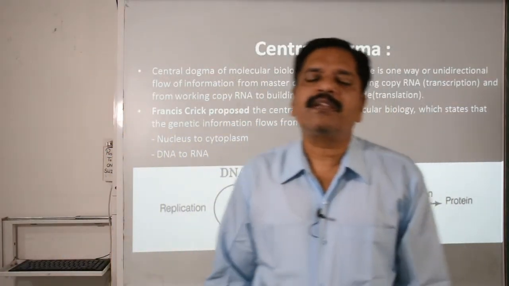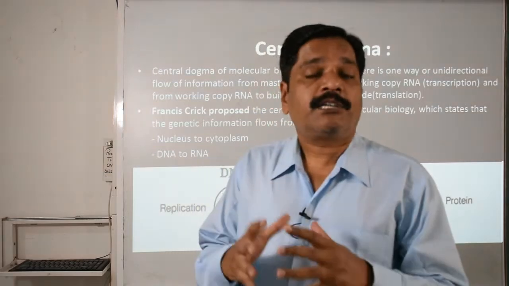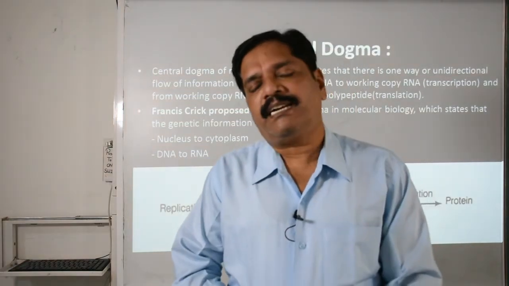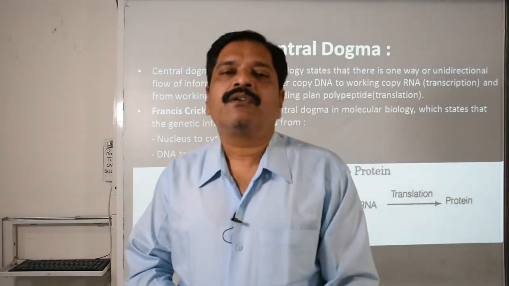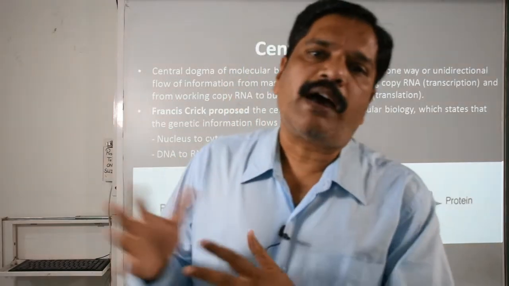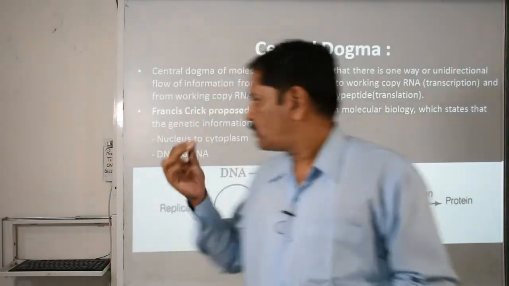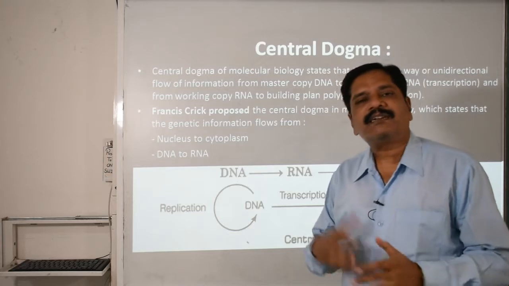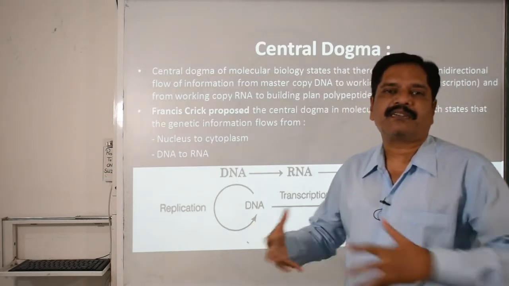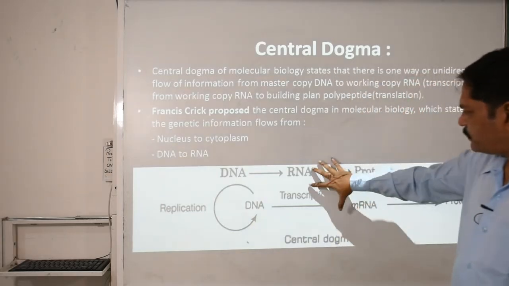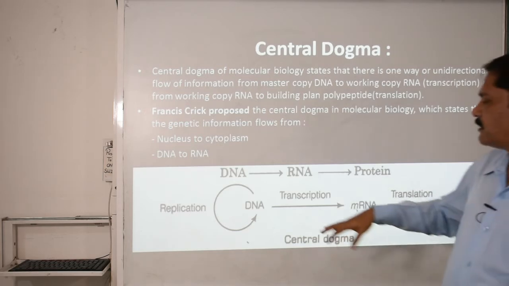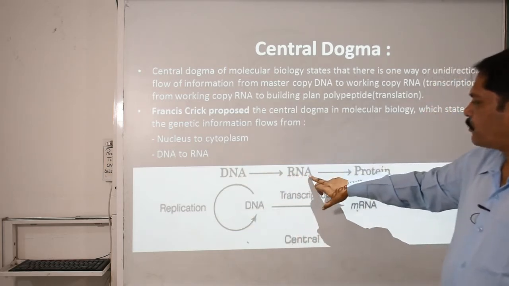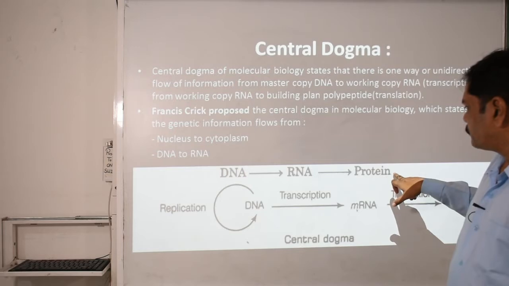So remember this one thing, there is a specific path of the flow of the genetic information, okay. What is it? DNA to RNA and RNA to protein, or what you call the cytoplasmic content, okay. Now with the help of this picture we can learn this one thing. You can see that DNA is forming RNA and RNA is forming protein.